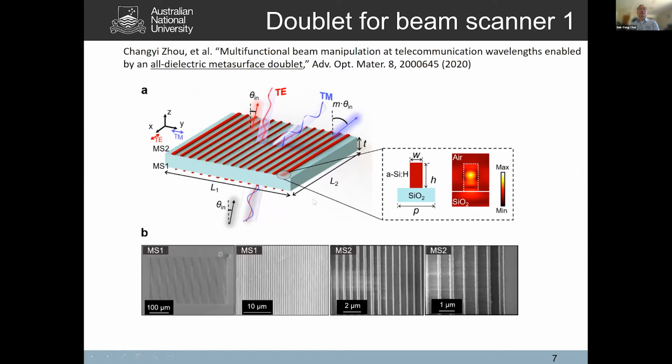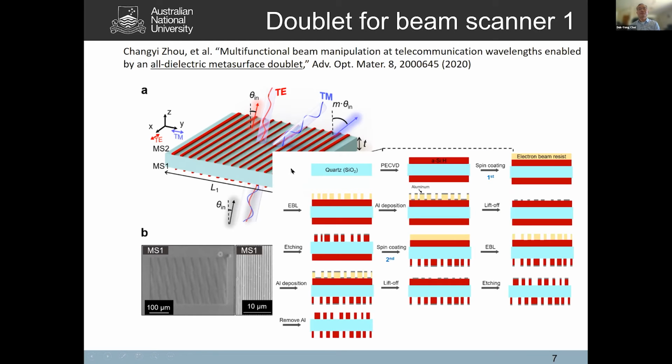Okay, so next, the dielectric doublet metasurface. Compared to the previous metal nanostructures, dielectric structures have the big advantage of low optical loss. In this project, amorphous silicon nanostructures were patterned on both sides of a glass substrate and utilized as a solid state beam scanner in LiDAR application. This is quite a labor intensive structure.